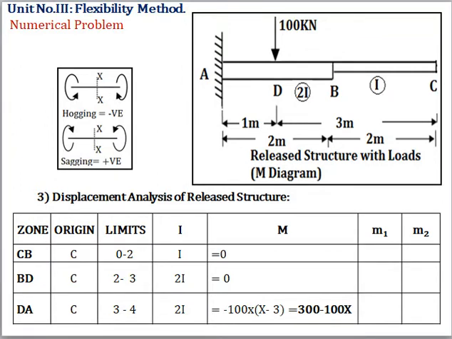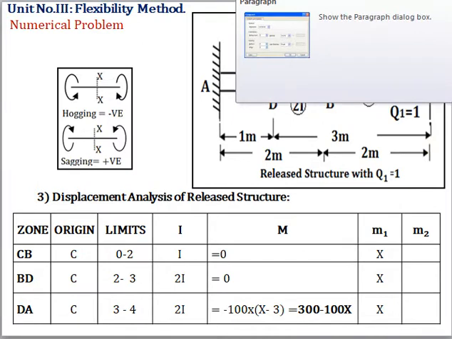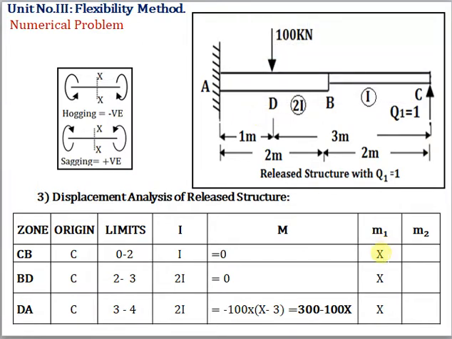After this, we went through the M1 diagram, that means the released structure with Q1 equal to 1. We calculated the moment due to Q1 equal to 1 by considering each zone, and put it in the column M1.